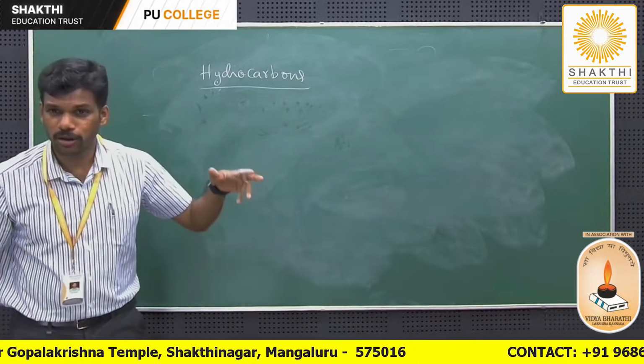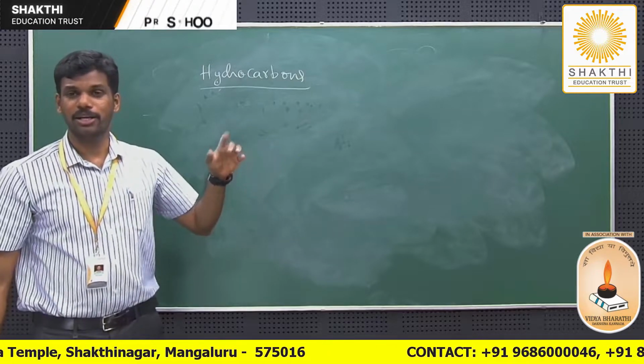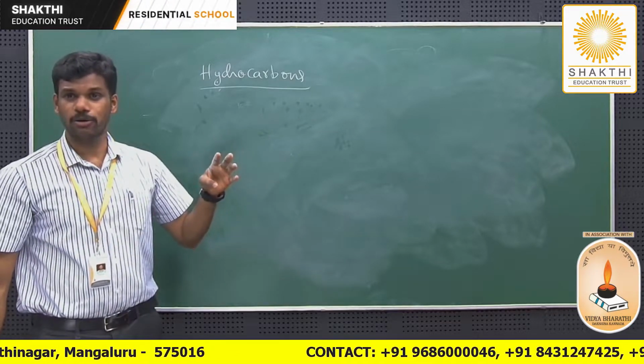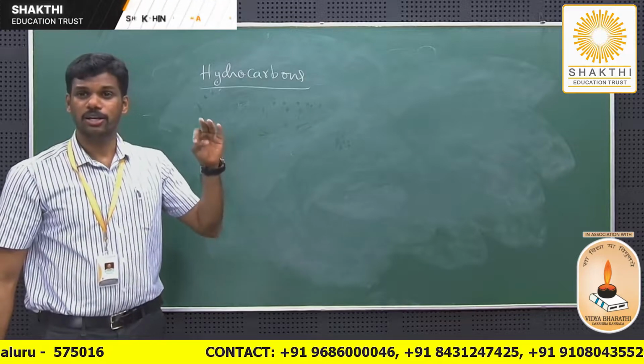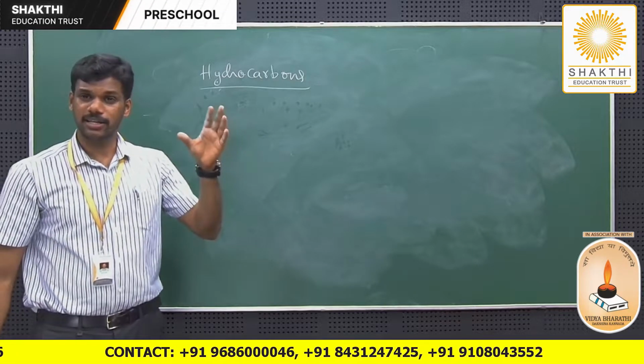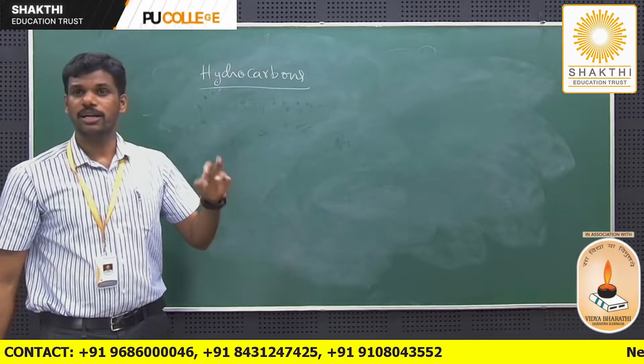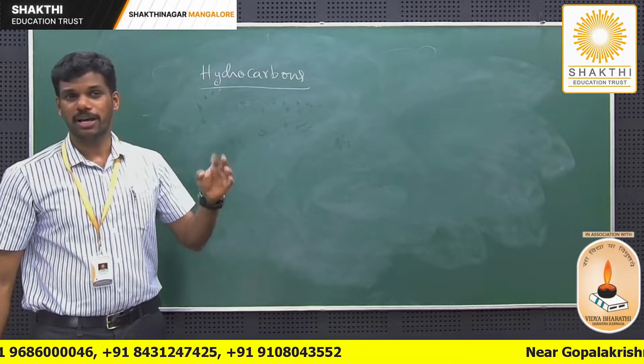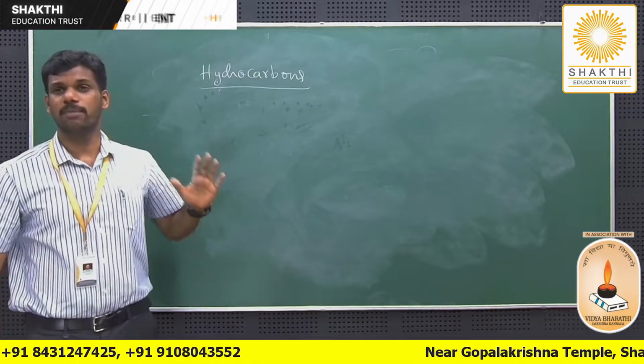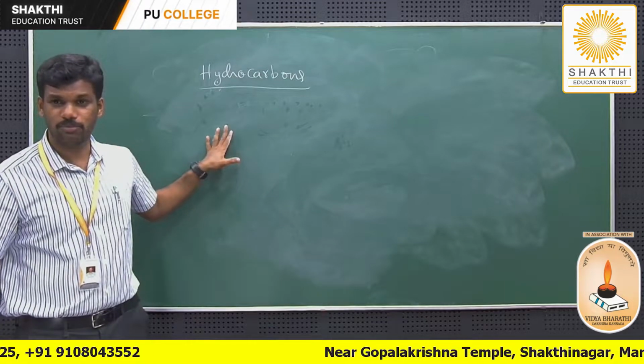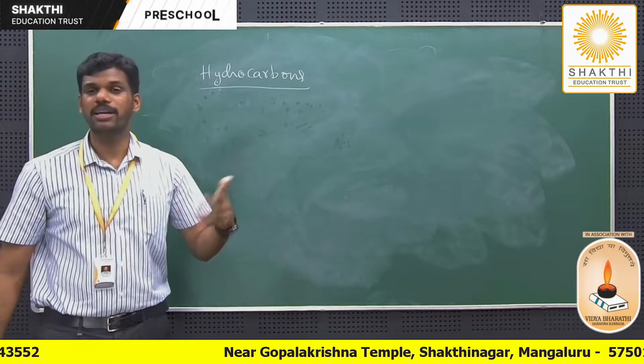Your petrol consists of hydrogen and carbon. Your diesel consists of carbon and hydrogen. Vaseline contains carbon, hydrogen. Naphtha contains carbon, hydrogen. All these are the best examples of hydrocarbons with different ratios of carbon and hydrogen.